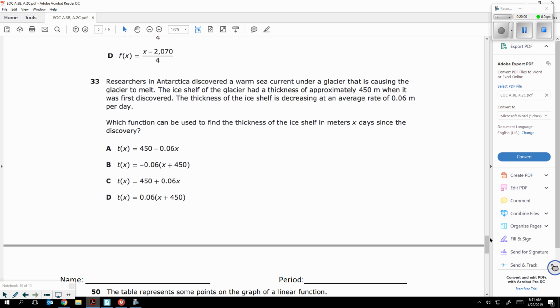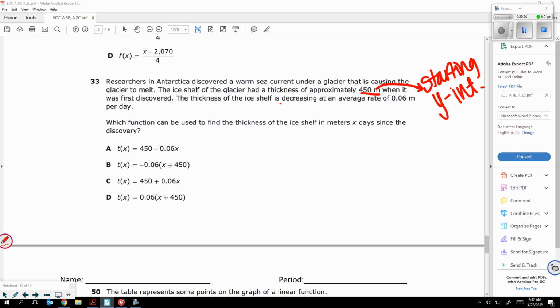Okay, so there's some important information that we see. 450, what is that going to be? Your starting point, which is the same thing as our y-intercept. Good. Then it says the thickness of the ice shelf is decreasing.